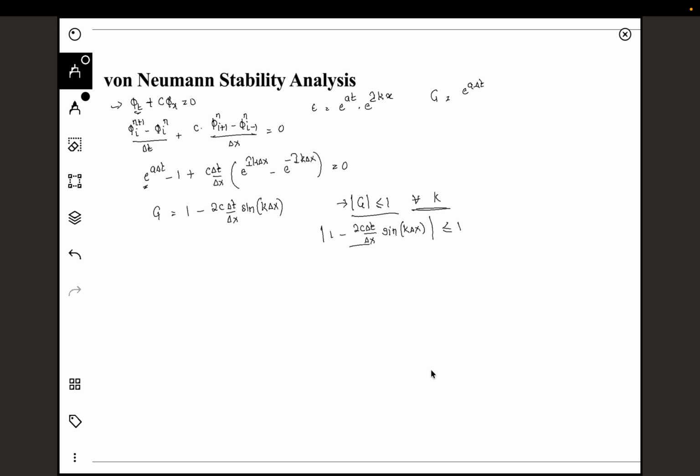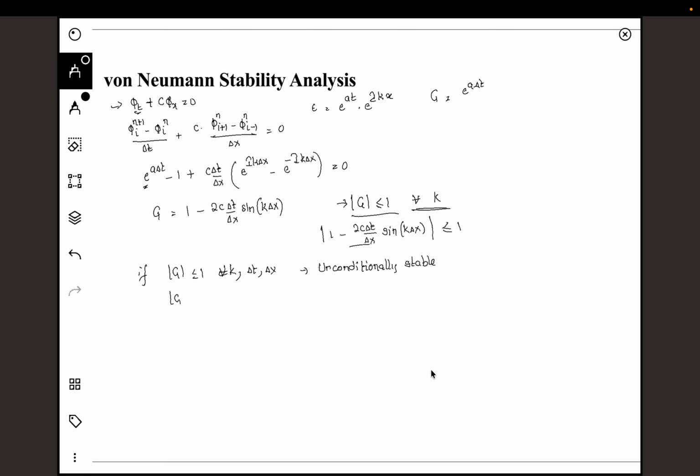There will be some algorithms which will satisfy this for all values of delta t and delta x. Those are the algorithms which are unconditionally stable. If this is true for all k, delta t and delta x, then we call those algorithms unconditionally stable.